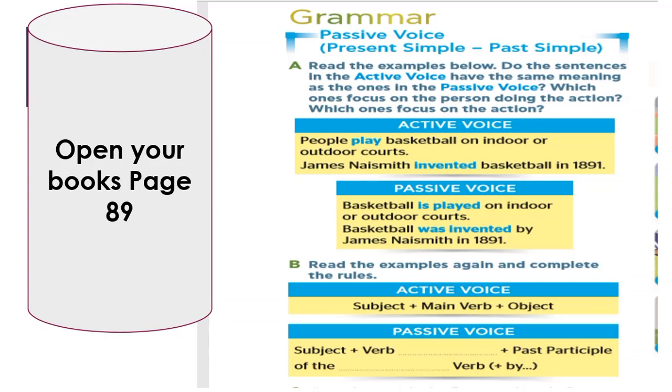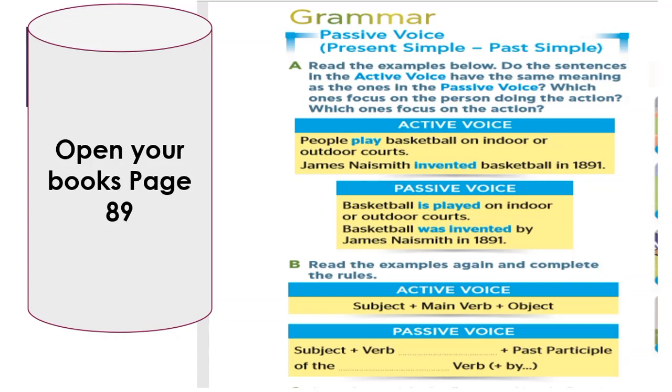We changed the sentence into the passive voice. We focused on the object. Basketball is played on indoor and outdoor courts. basketball مفعول به في حالة المفرد استخدمنا معاه is، والتصريف الثالث played. Okay?